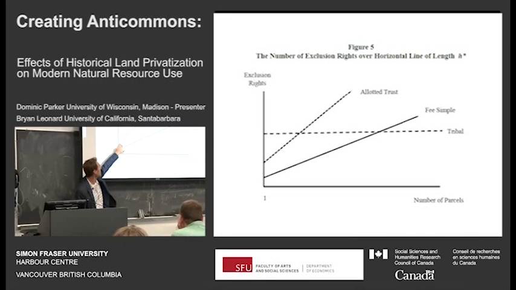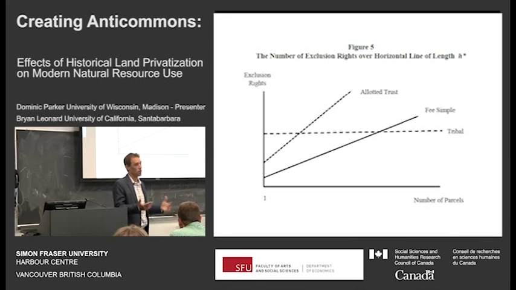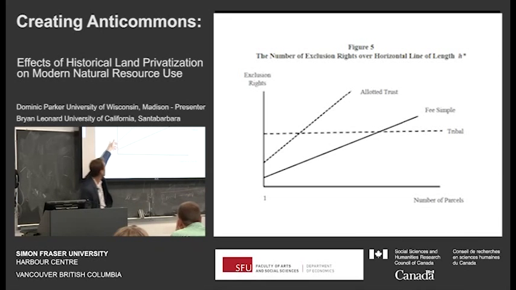With allotted land, the slope is steeper if we assume that each allotted parcel has more than 1 owner, more than 1 holder of exclusion rights. Say they have Z holders. And so if you start and say, I don't know, there's 5 exclusion rights, even if there's 1 giant allotted trust parcel that would fully contain this horizontal line, you have this many exclusion rights, and then that rises at a steeper slope. It's just the number of excluders.